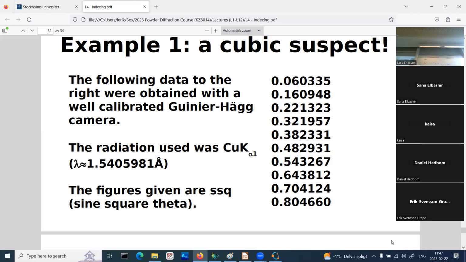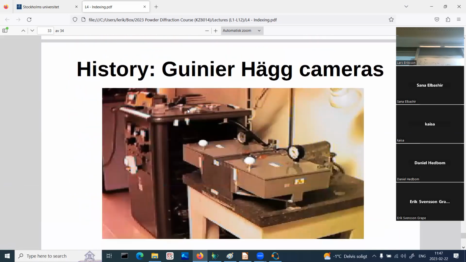Here it says that this was obtained with a well-calibrated Guinier-Hägg camera, and I need to show this. This was our workhorse here at Harvard some time ago, a very long time ago. Here they are. They were old when I came here. They were from the 40s, small camera cassettes like that.